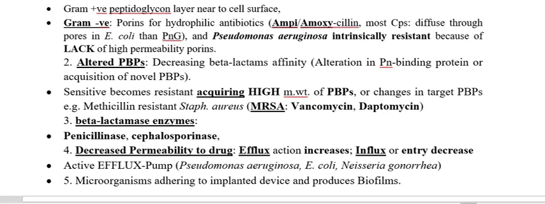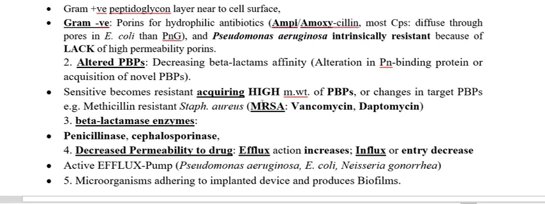When the target, the penicillin binding protein, changes, how is the penicillin going to act? With a structural change in the penicillin binding protein, increasing its molecular weight, the bacteria become resistant to penicillin.